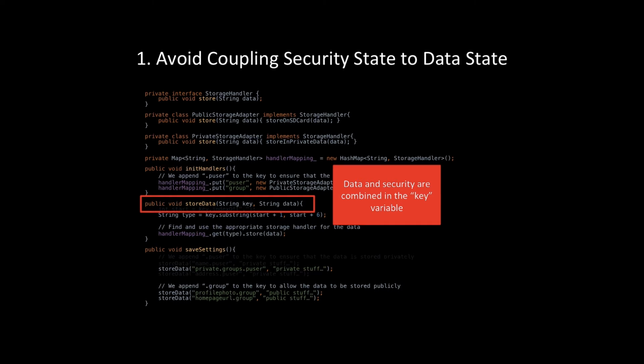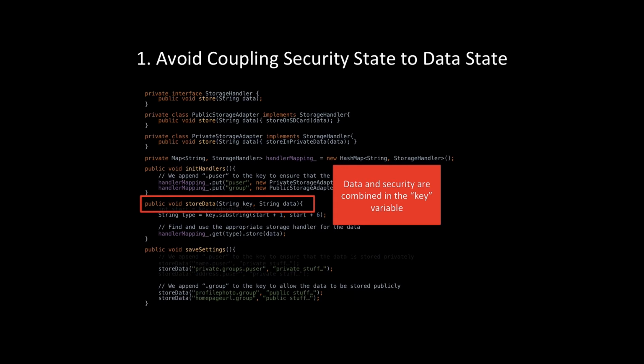It's serving the purpose of deciding how we associate and store that data on disk, and the security decisions that are made with respect to where that data gets saved and how it gets saved. So we're simultaneously coupling this key to both the security state and the data state of the application. So we have a simultaneous meaning for our key that's causing problems.